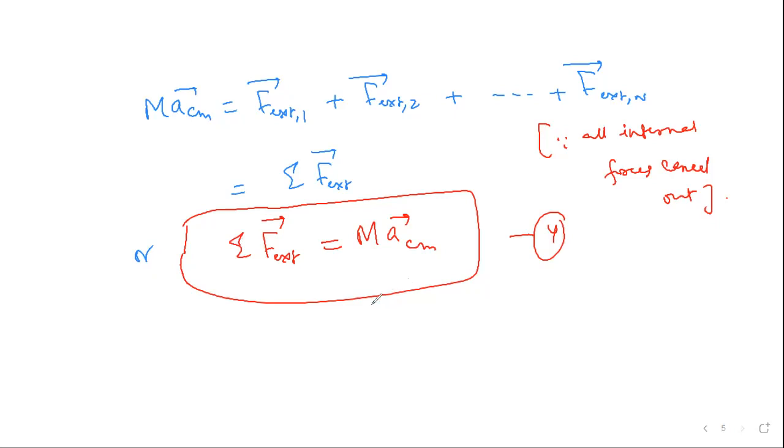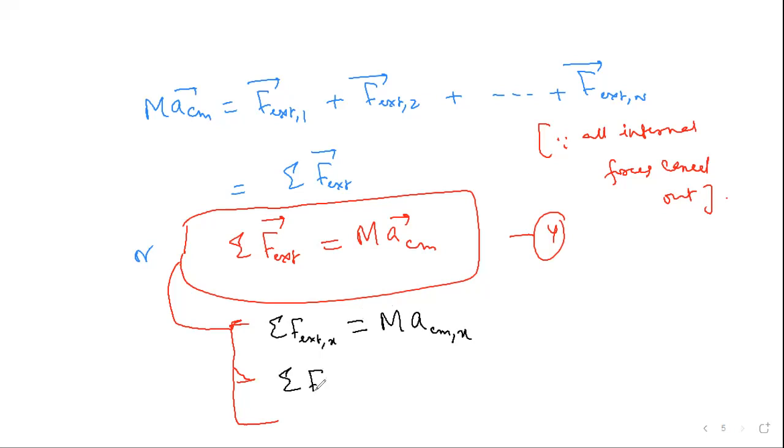It's an important result. You can write it in component form. You can write this into 3 equations like this. Split it into components. Sigma F external X, that means the algebraic sum of all the X components of external forces, is mass times the X component of the acceleration of center of mass.